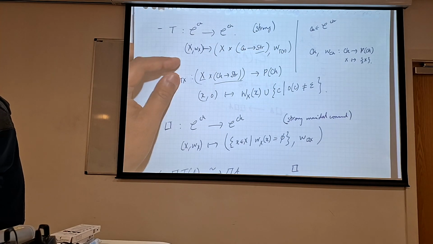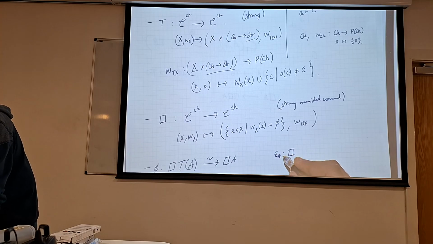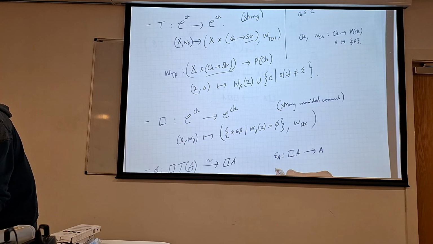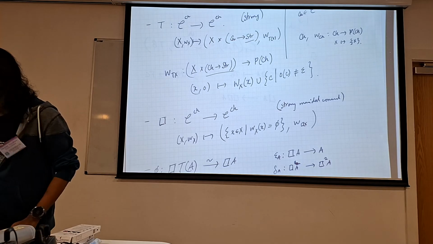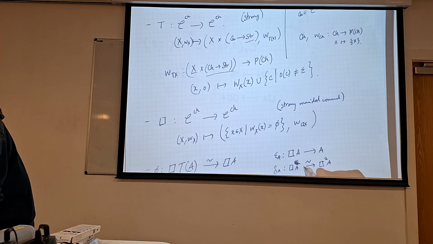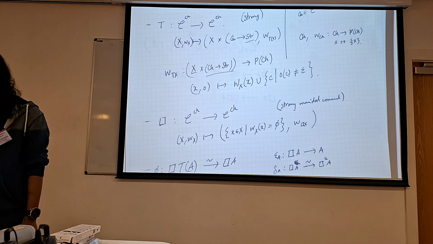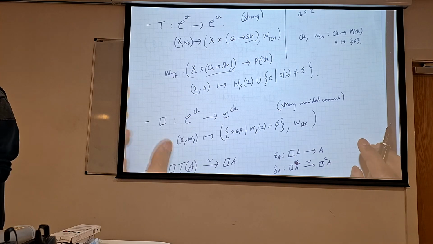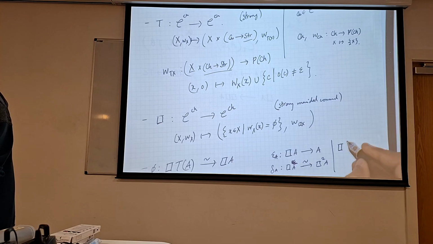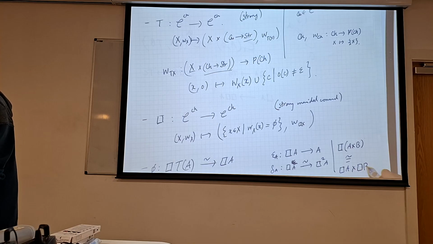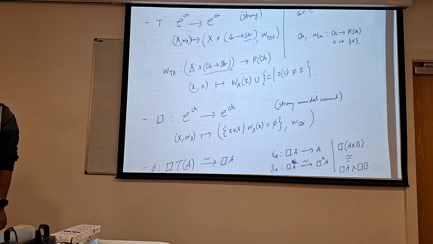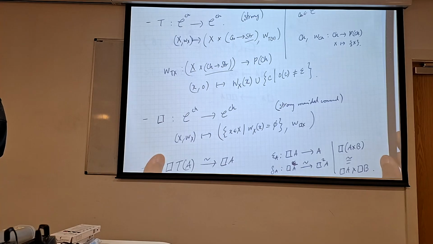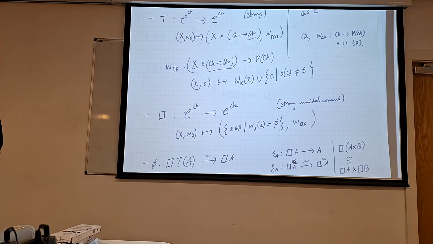A comonad has box A to A, and box A to box squared A. But for this comonad, doing the subset operation twice is the same as doing it once. And then box of A times B is the same as box A times box B. The fact that it preserves products is what allows me to move it around in context.